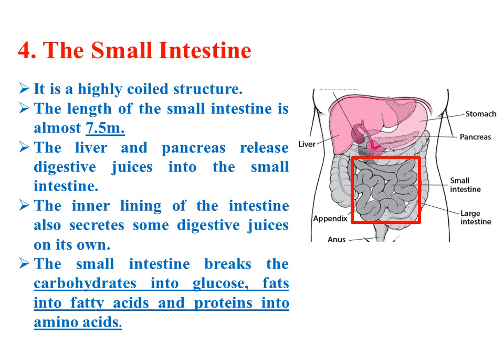The main function of the small intestine is to break carbohydrates into glucose, fats into fatty acids and proteins into amino acids. As we have already learned, we have to break the different components of food into simpler forms. So the small intestine also functions to break food components into simpler substances.